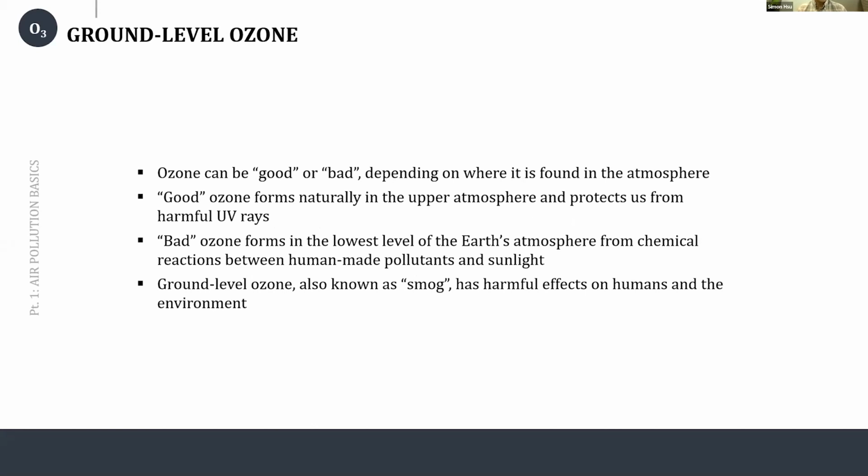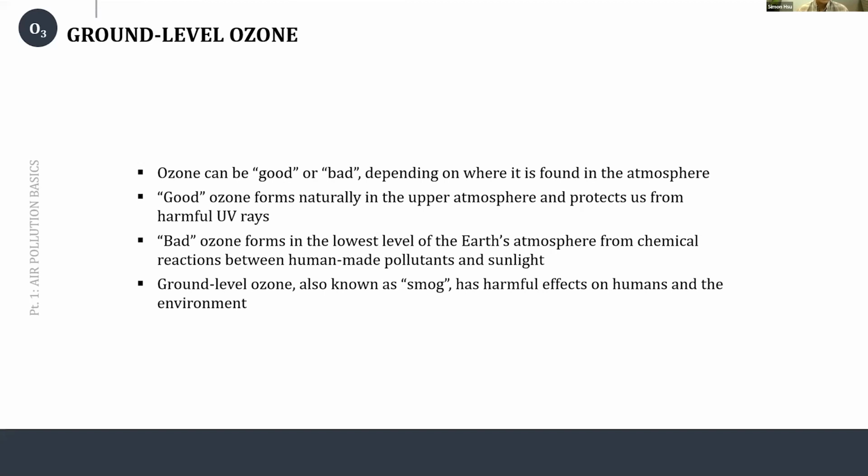So next we'll move into ground level ozone. And some of you may be thinking, isn't ozone the thing that we're trying to protect? And the answer is yes. Ozone can be either good or bad, and it's entirely dependent on where it is found in the atmosphere. So the good ozone layer that you're likely thinking about forms naturally in the upper atmosphere. And this is the ozone that really protects us from harmful UV rays.